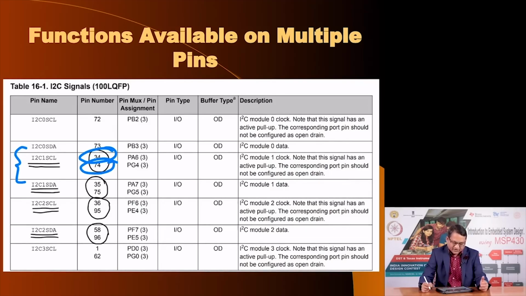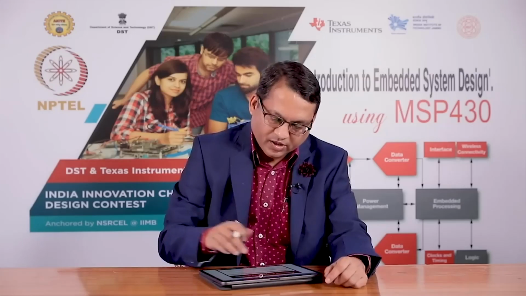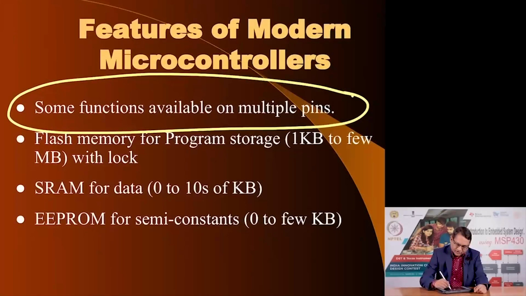Now, if pin 34 happens to have another function, you can forego that function and instead use pin number 34 to provide the I square C clock. In the earlier case, where a given pin would have 2 or 3 functions, and if those functions were not available on other pins, you would be stuck. And so this is an important point which you may consider while selecting an appropriate microcontroller.